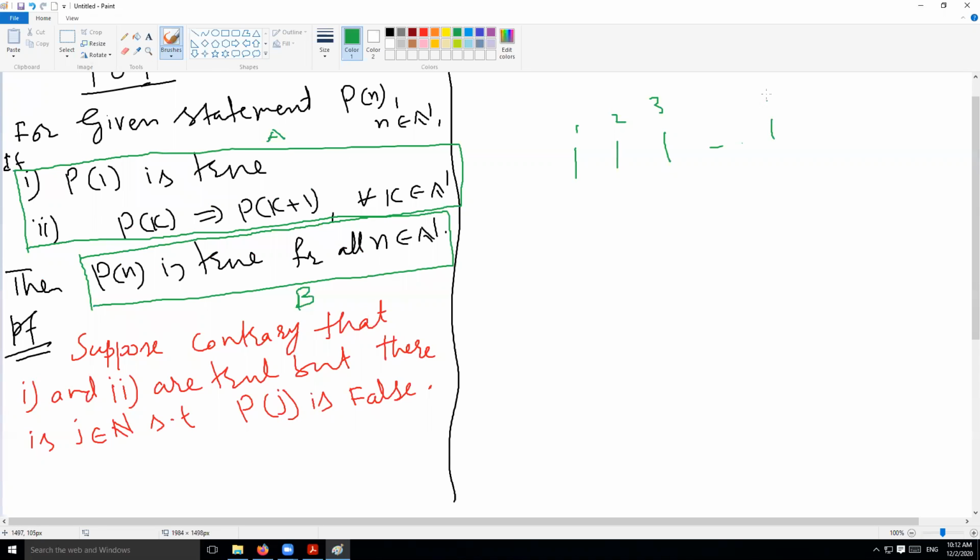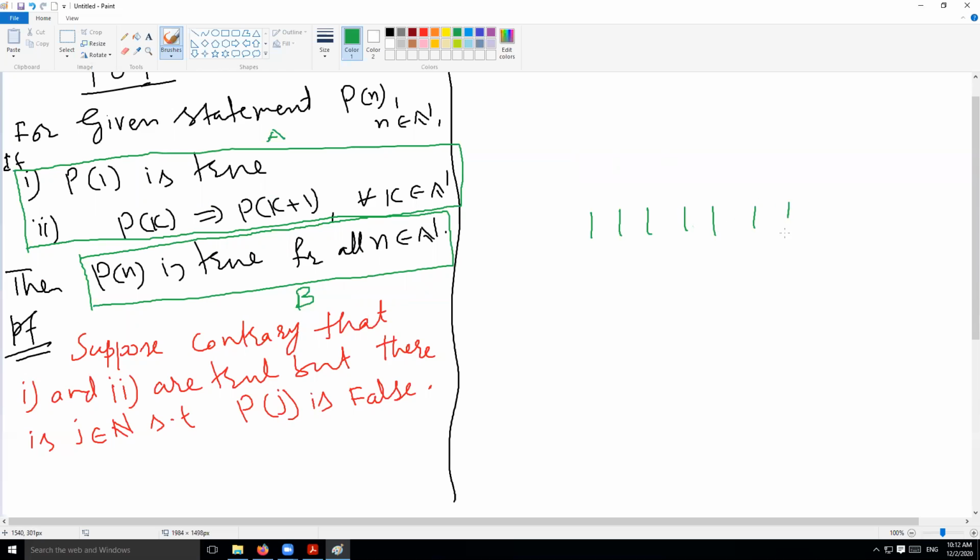And I don't know, this is j. So these are some steps. Let me rewrite it to give you an illustration.